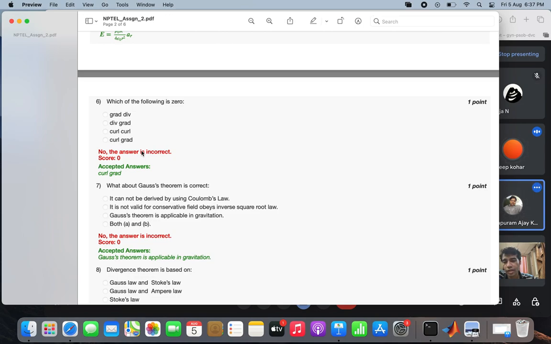So that won't be 0. So then which is the correct answer here? Curl of gradient is not 0 in general. In special cases it can be 0, but for every case there is one of these four quantities which is 0 in general. So which is the quantity?